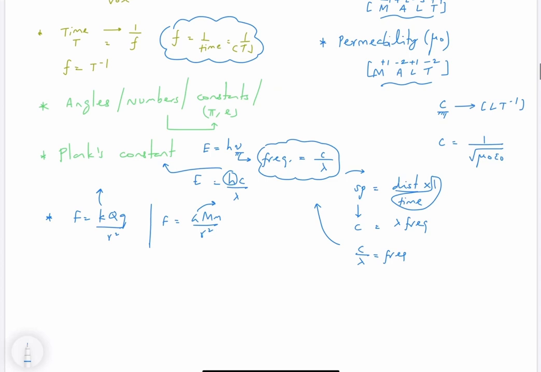And here the constants which are dimensionless are numbers, numerical kind of. Then we have trig, log, exponential, whatever. So all these are dimensionless. There are no dimensions for them.